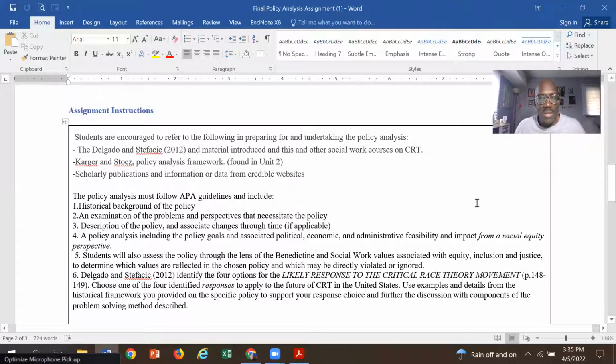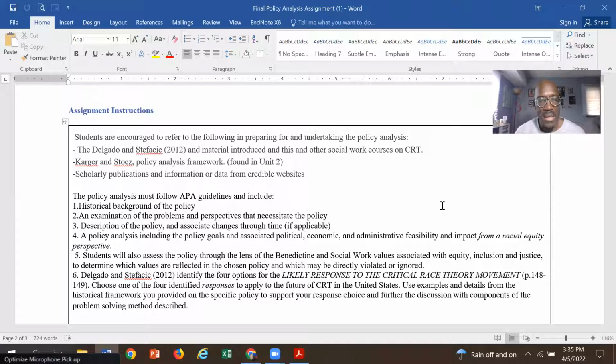It shouldn't be hard to find on the website. The social work values as well are in your handout, and your Code of Ethics books will have these values. You also want to be looking at the policy that you are analyzing and run it through those lenses as well, to see whether they actually line up, or whether they are violated, or whether they're ignored. So it's really just a brief reflection.